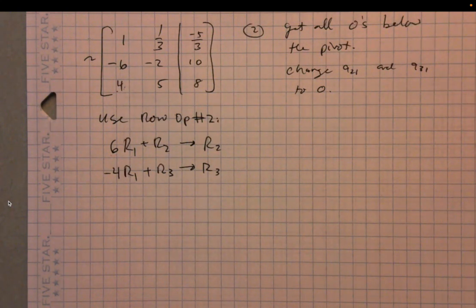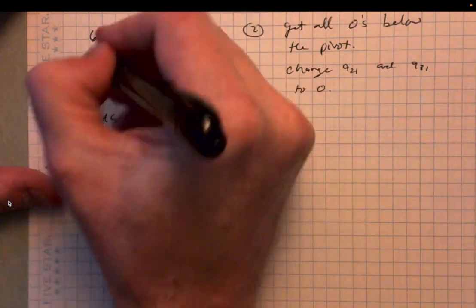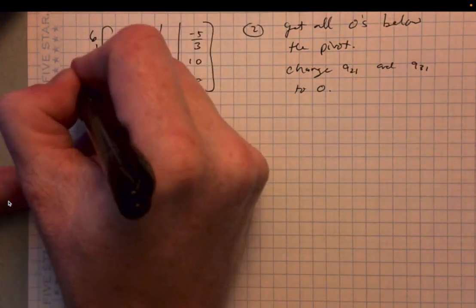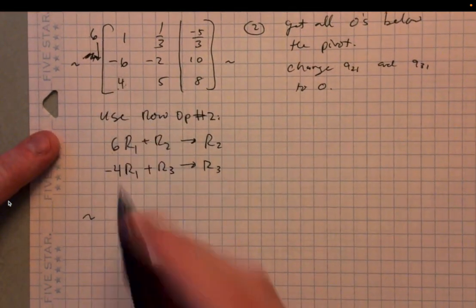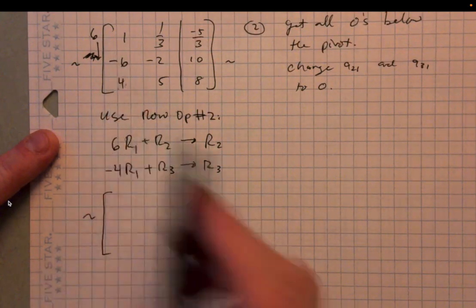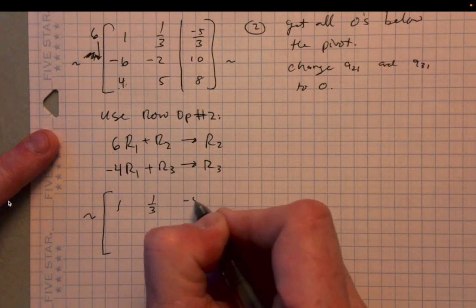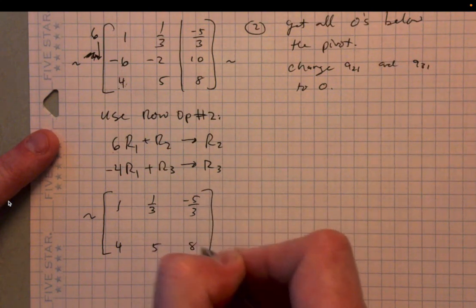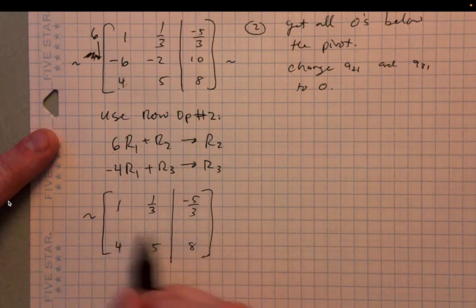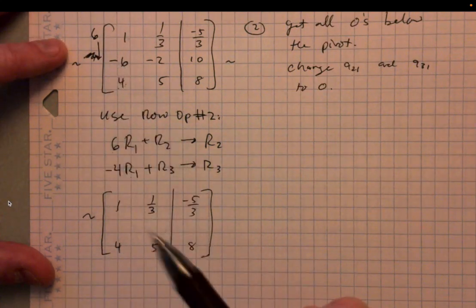We'll start with the 6. So first we'll go 6 times row 1, and I'm going to add that to row 2. We'll write it like this. In this step, row 1 and row 3 are unaffected, so I'll write those in here: 1, 1/3, negative 5/3, and then 4, 5, 8. That middle row is what's going to change here. So 6 times 1 is 6, plus negative 6 is 0.